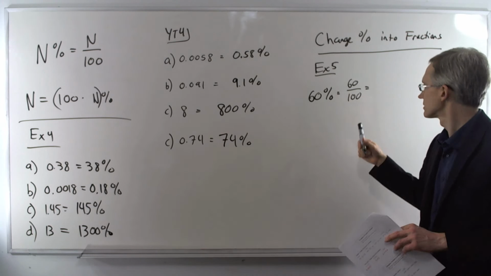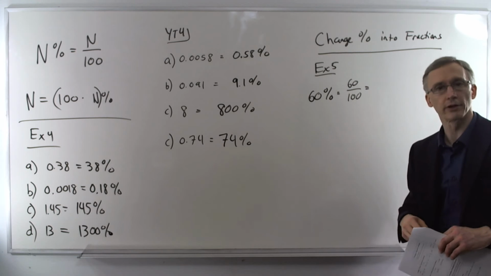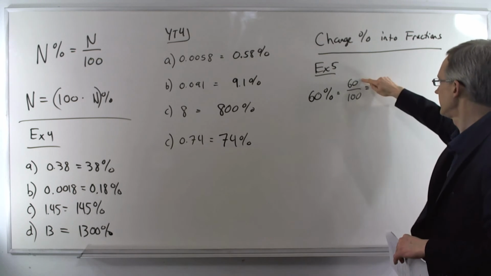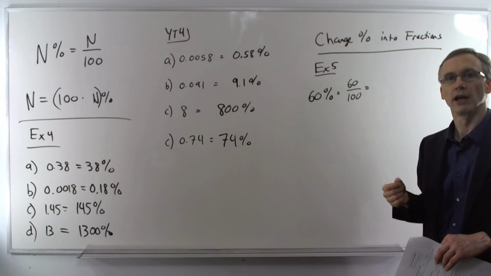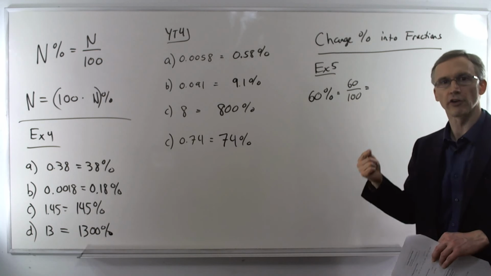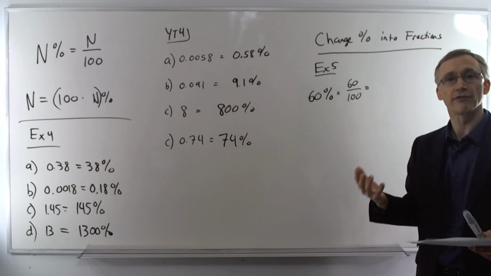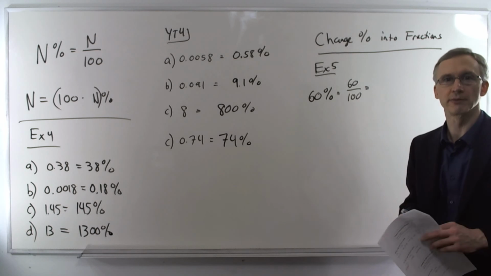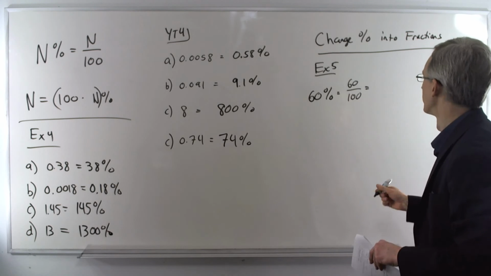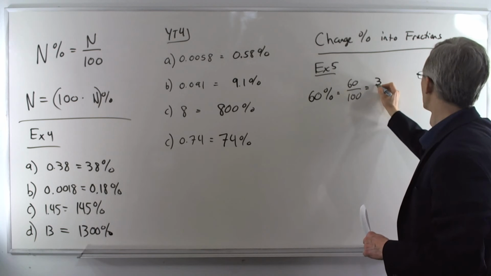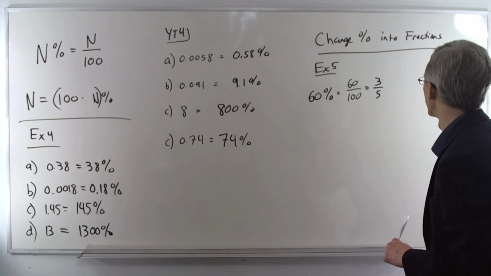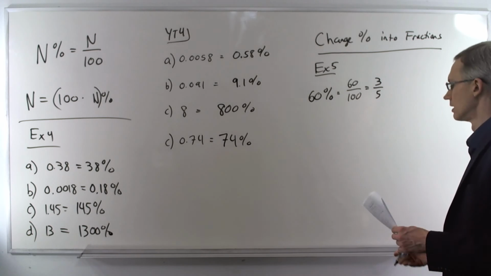So just a reminder, this fraction reduction can all be done on your calculator. Take 60, divide by 100 to get a decimal value, and then take that decimal and convert it back to a fraction, and that fraction will automatically be in simplest form. So simplest form of that fraction is 3/5.